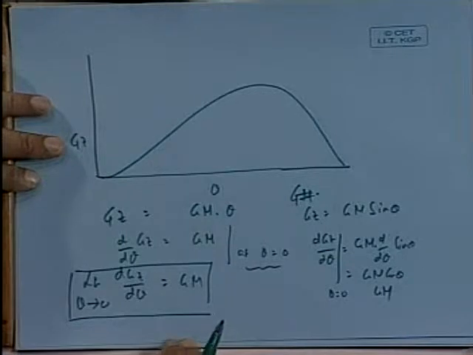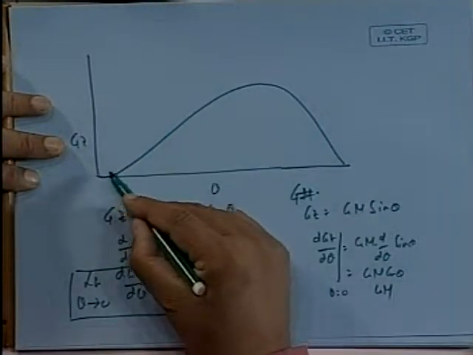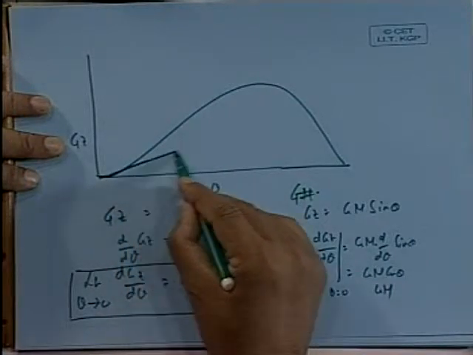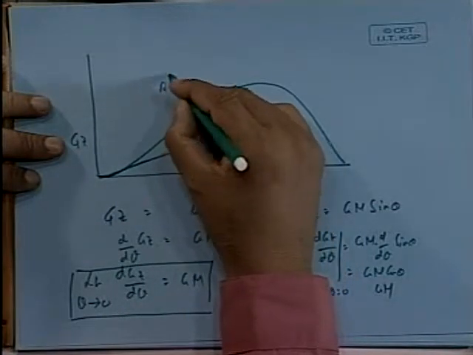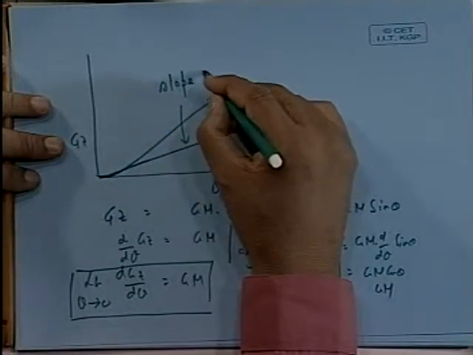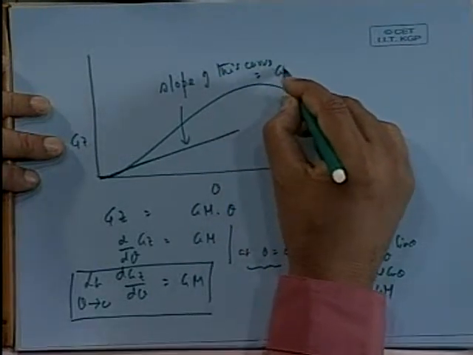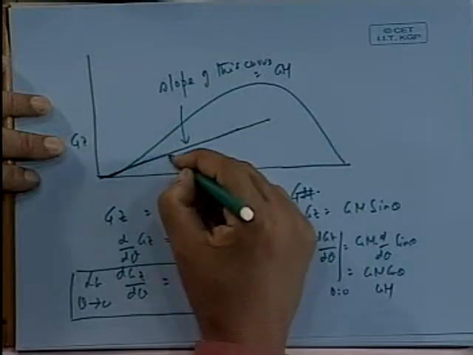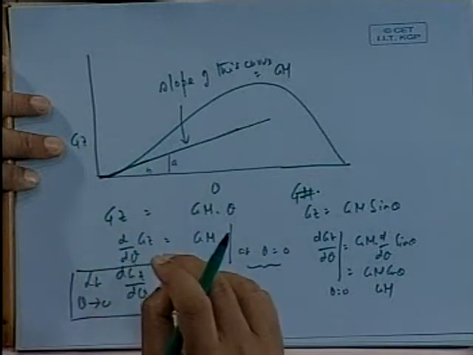You see, what it means is that therefore the slope of this curve, that taken at theta equal to 0, this slope, the slope of the curve is GM. Now what we do normally is that, see, the slope means what? Slope means this by that. If I call this A, this B, this A by B. Okay.